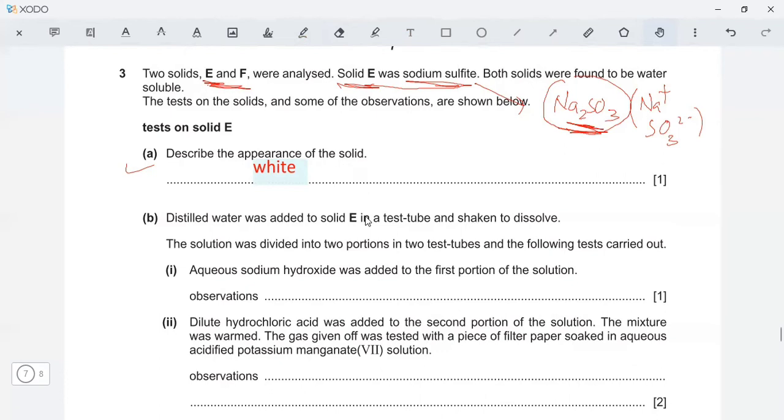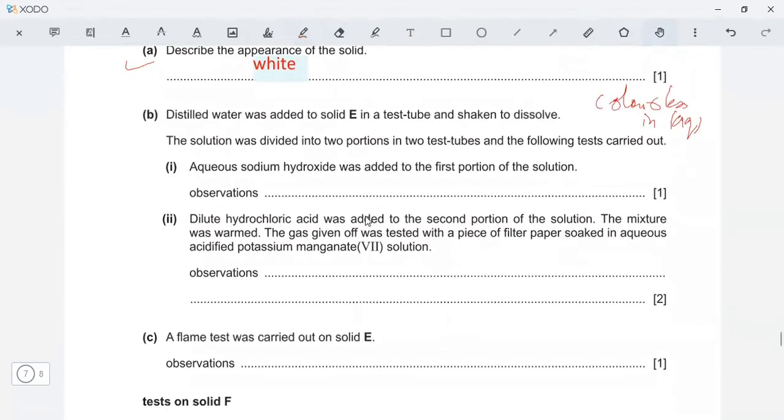Always remember, for first group, second group, and third group compounds, if they are in the solid state, the appearance will be white. If they are in aqueous solution, then they will be colorless. Which group elements? First, second, and third group elements in the form of a compound. Okay, so just write white.